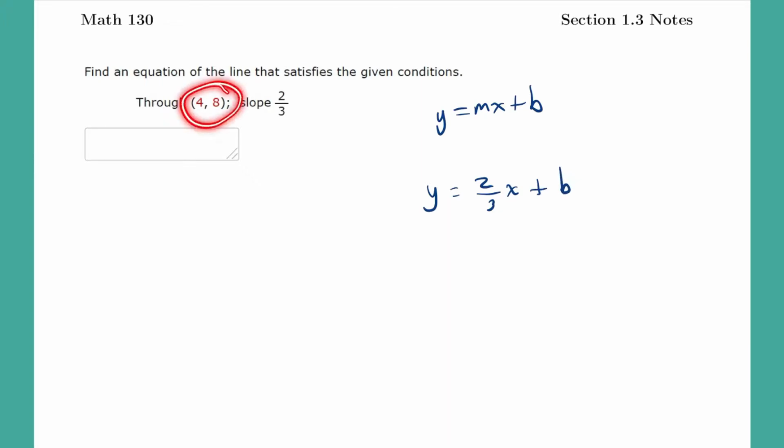Now we can substitute our x and our y coordinates and get 8 equals 2/3 times 4 plus b.